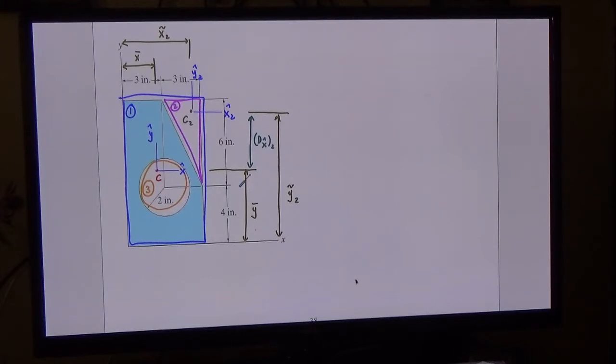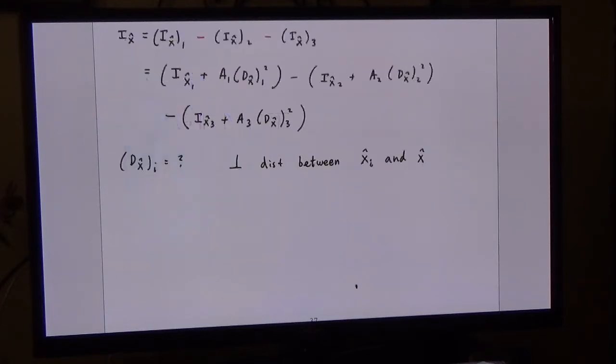So if I did it for the other parts, it's going to be very similar. I'll have y tilde minus y bar. And it doesn't really matter if y tilde is bigger than y bar or smaller than y bar, because I'm putting this into the parallel axis theorem. I'm going to square it, so whether the number is positive or negative won't matter.